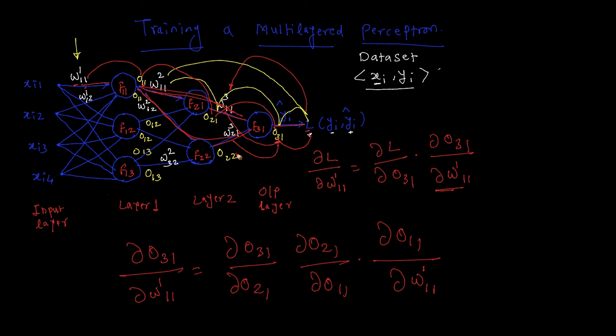Now let me take the derivative of this path and add it with this path. So the derivative of O31 with respect to O22, into the derivative of O22 with respect to O11, this with respect to this, and finally the derivative of O11 with respect to W111.